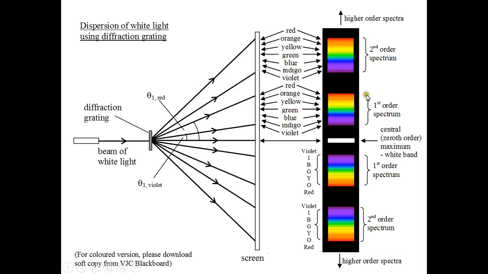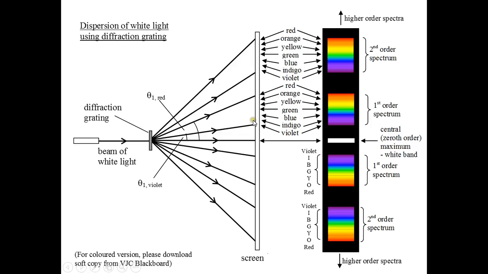Then for the first order maximum, because the wavelengths of the lights are all different, we use d sine theta equals m lambda. So the wavelength will be affecting the angle theta. So for violet, it has the shortest wavelength. So the shortest wavelength will correspond to the smallest angle theta. So you see violet first.